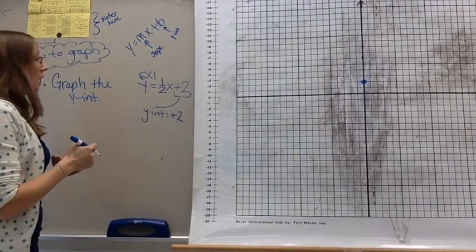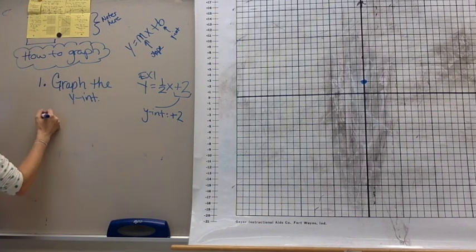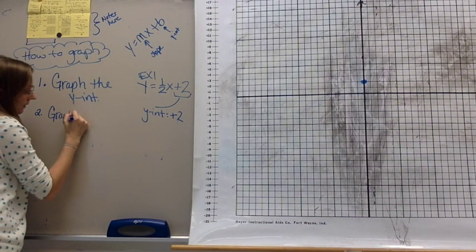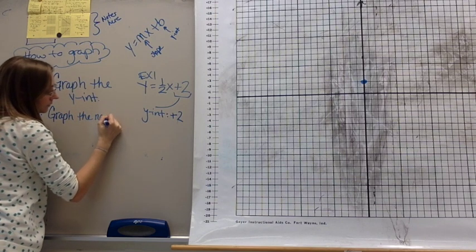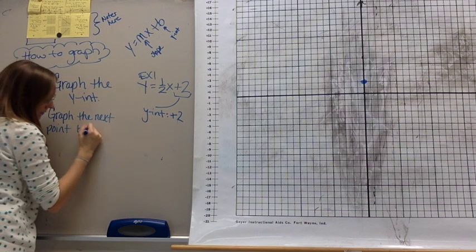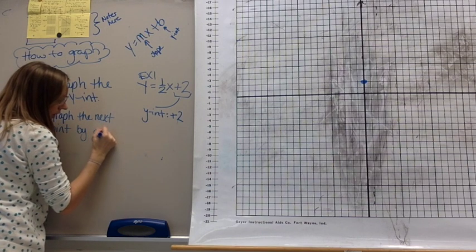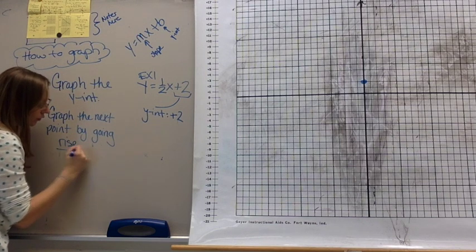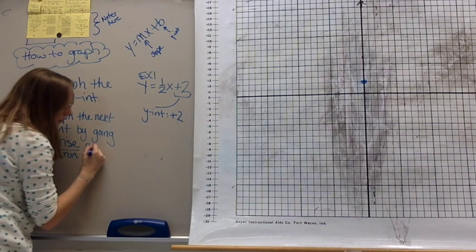After that, I'm going to go to my second step, and I'm going to graph the next point by going rise over run from the slope.